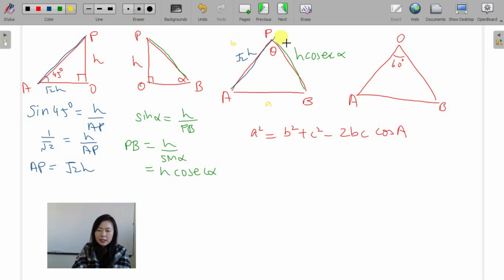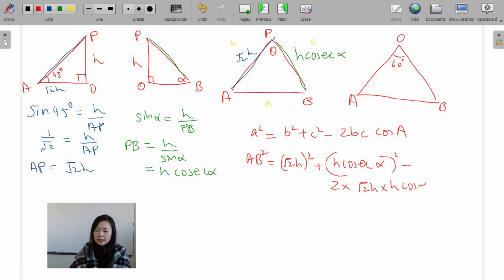The others are B and C. Alright, let's do this. So AB squared is equal to root 2h squared plus h cosec alpha squared minus 2 times root 2h times h cosec alpha cos theta.